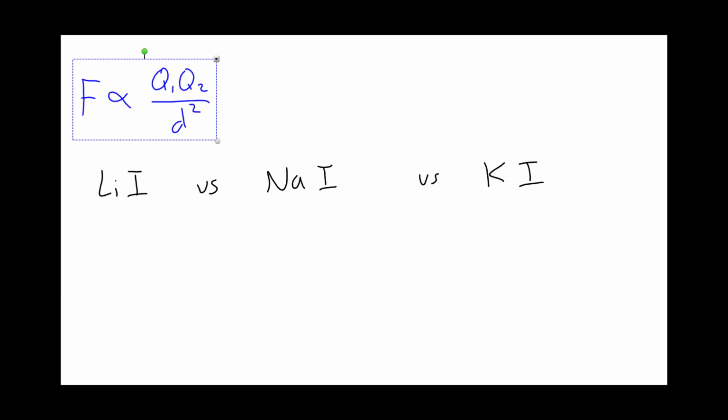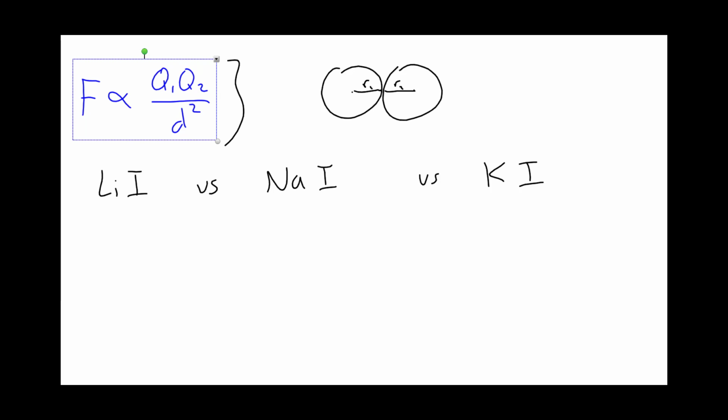So if the charges are the same, then what part of Coulomb's law am I interested in now? Distance. So how do we figure out the distance here? We haven't really talked about bond length yet, but with an ionic compound, we're just going to simplify it down to the bond length is the distance from the nucleus of one atom to the nucleus of the other. So this radius plus that radius, R1 plus R2, is equal to the bond length between the two of them.